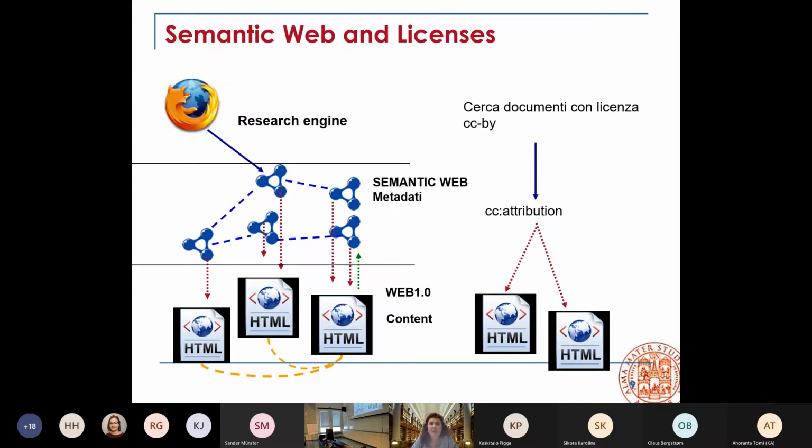Nowadays, it's very difficult because this kind of metadata is very flat and not sophisticated enough to represent the appropriate rights and permissions of all the actors involved in this complex creation of cultural heritage.